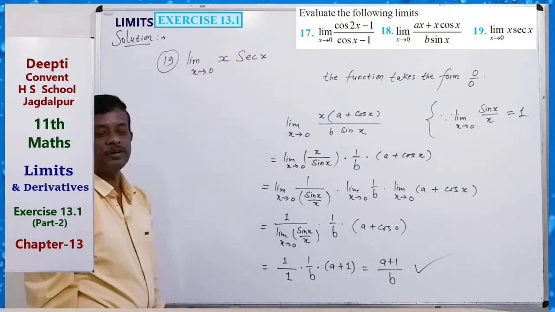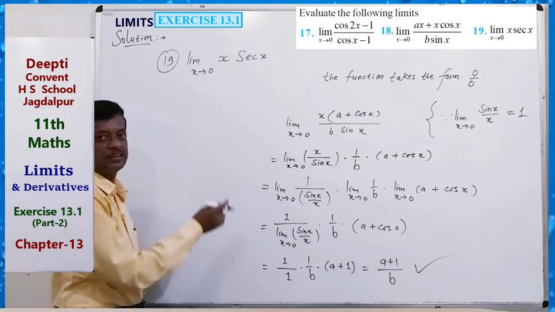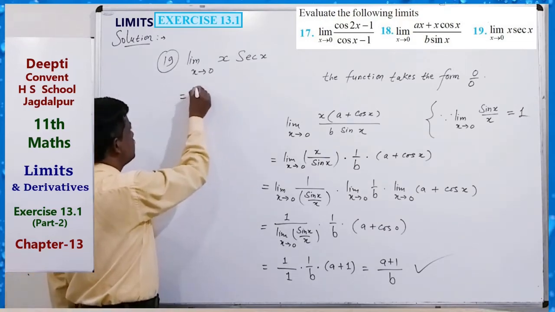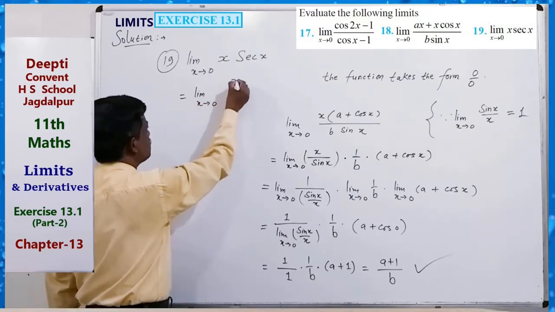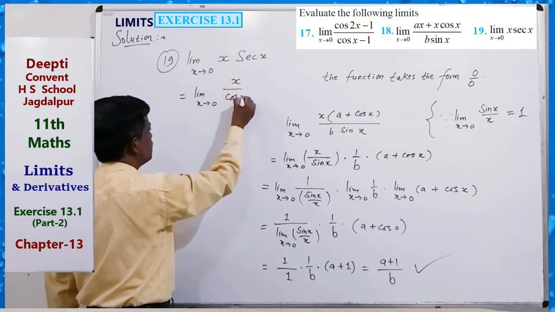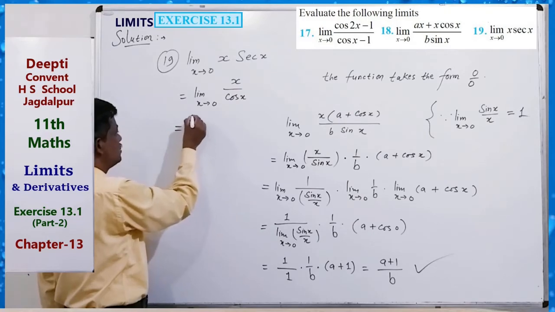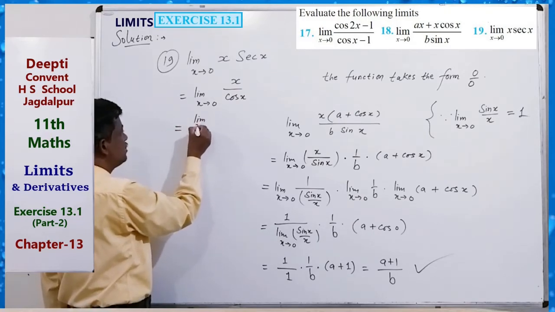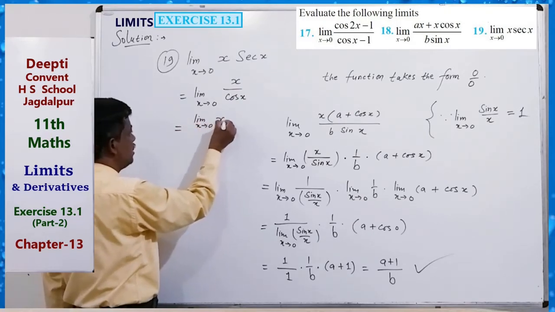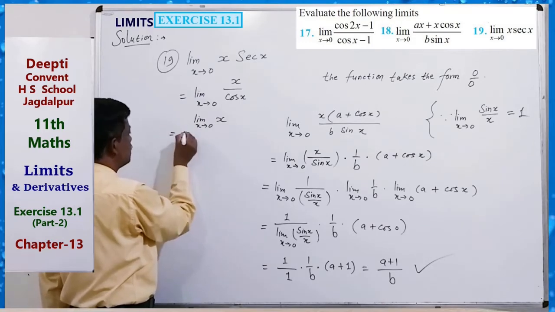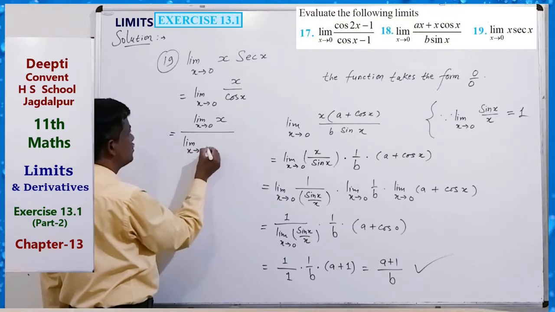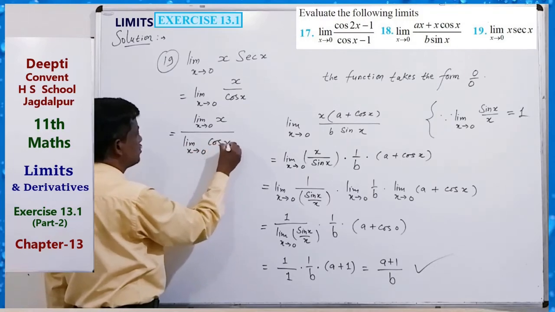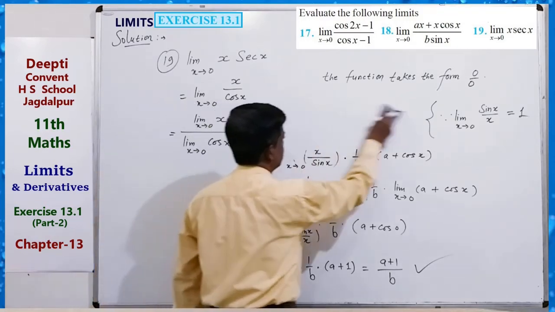We know the limit of cos x is 1, so this can be written like this: limit x tending to 0 x upon cos of x. This is just distribute, limit x tending to 0 x upon limit x tending to 0 cos x. So very simple.